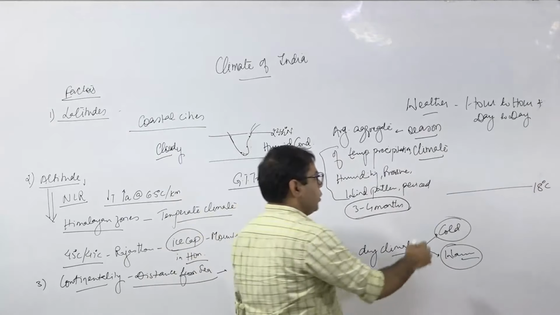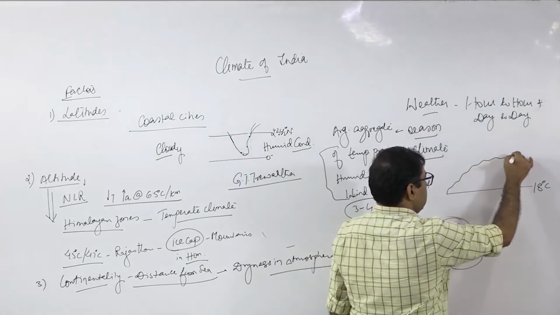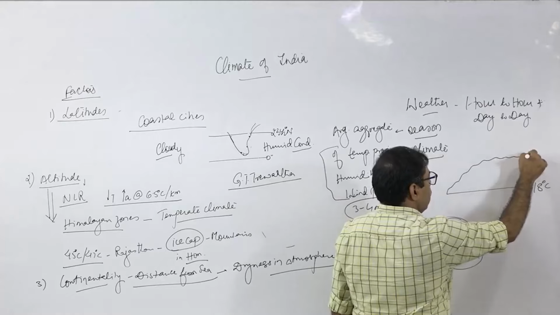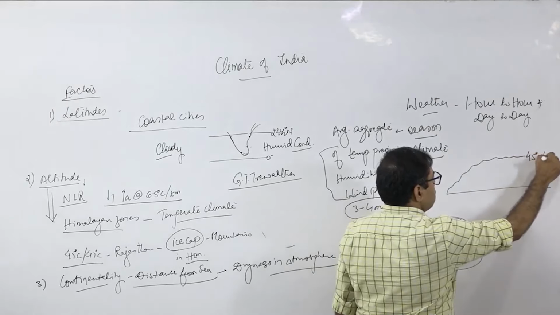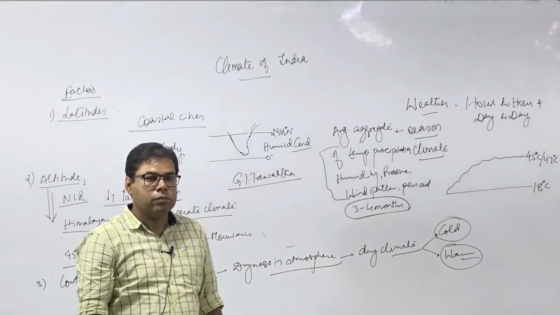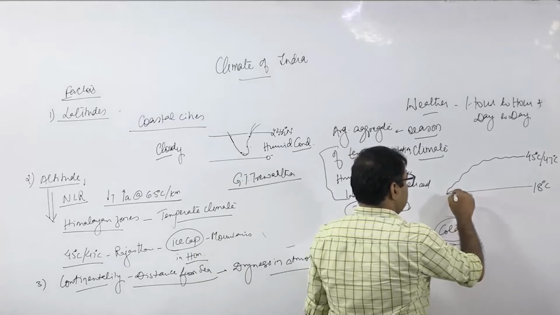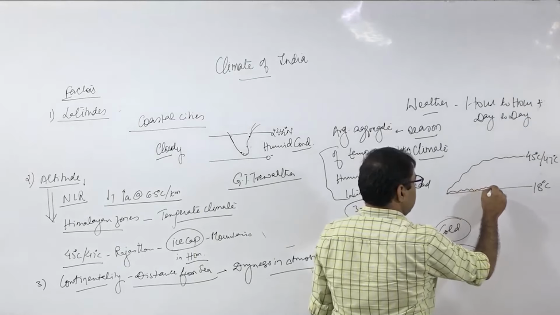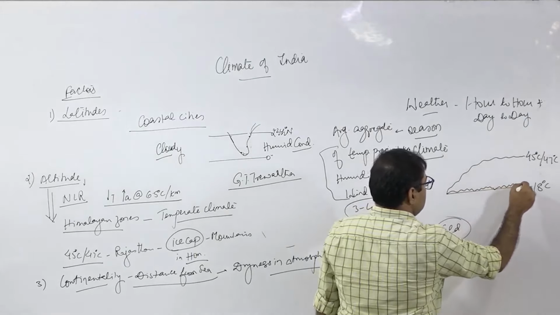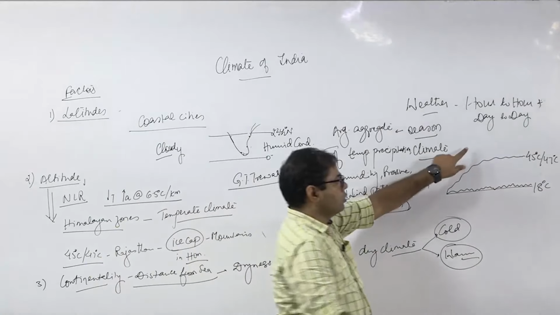अभी अगर हम इसको बोलेंगे, सब average temperature of the earth is 18 degrees Celsius, right? When the temperature is rising higher than 18 degrees Celsius and it goes to 45 degrees Celsius, 47 degrees Celsius, क्या हो जाएगा ये? What will happen? Or if the temperature is maintained at 22, 23, 24 degrees, then it will be more or less close to the average temperature. So can we call this summer?